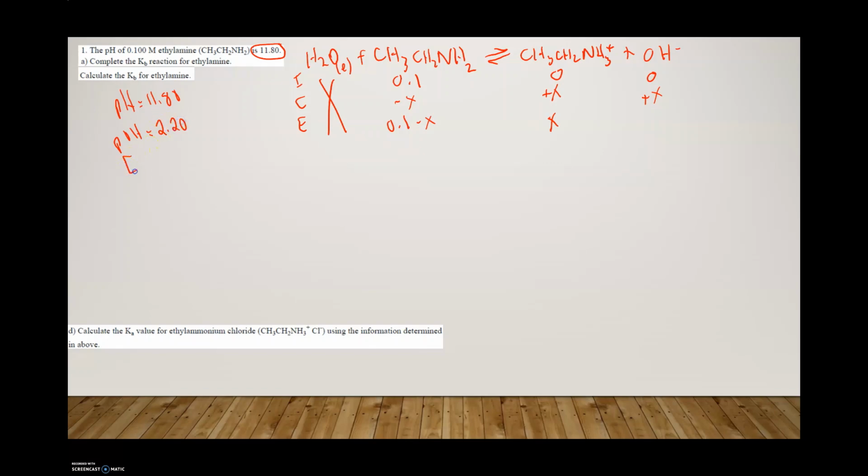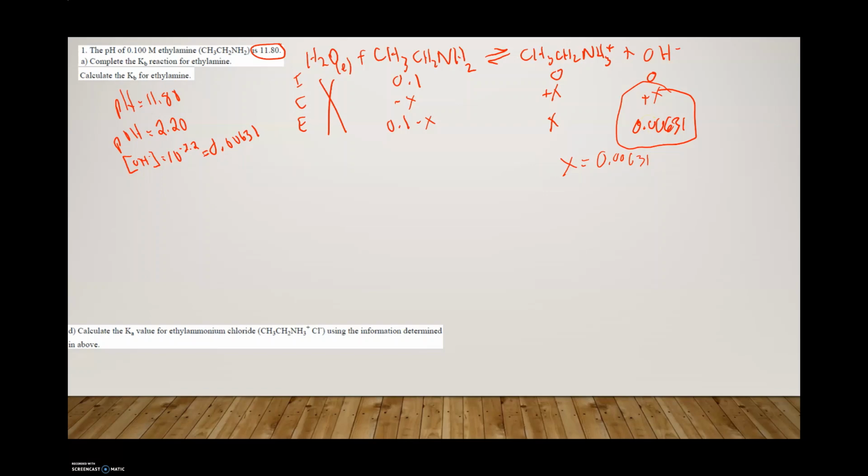So the concentration of hydroxide is equal to 10 to the negative 2.2, which gives me a concentration of 0.00631. That is the equilibrium concentration for hydroxide, so that's what I'm going to include here. One other thing I want to note is that that's also equal to X because of this part of the ICE chart. So once you figure that out, now we know X.